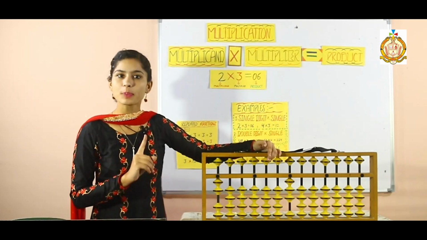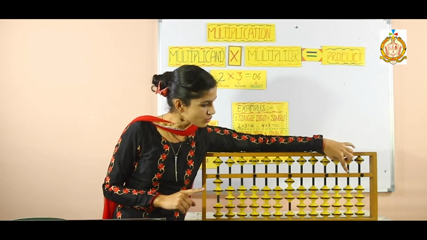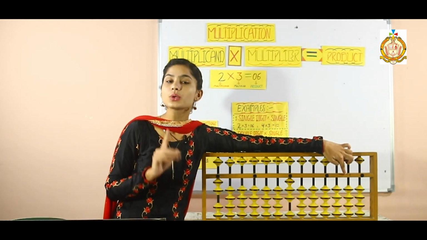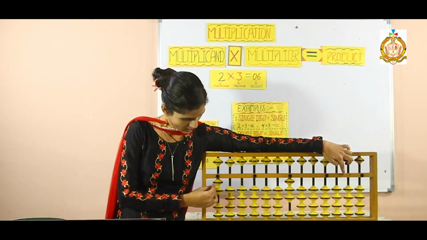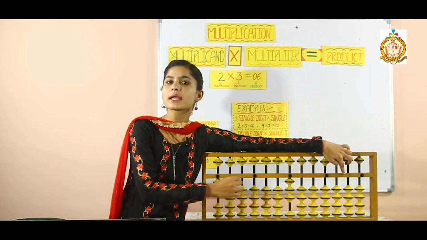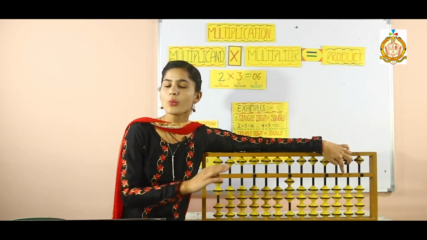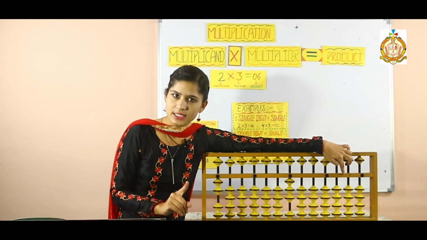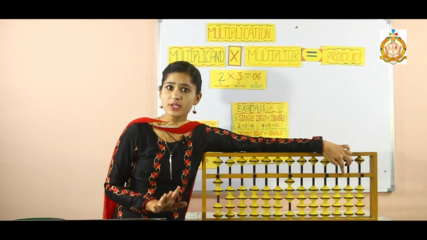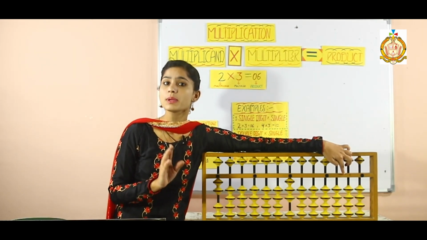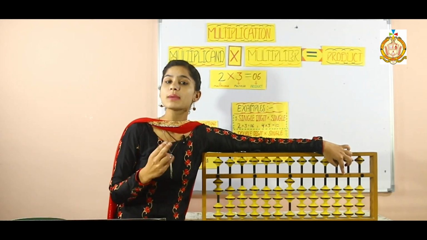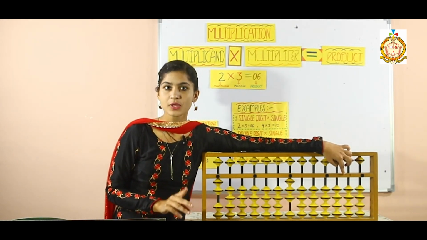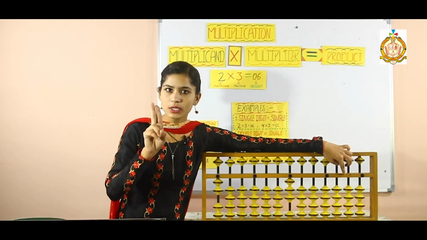Now we have to place our finger on the second rod because our answer will come in 2 digits. Whatever the multiplicand and multiplier are, both single digit, when multiplying the answer should be minimum 2 digits. For getting 2 digits, we keep 0 in front of that. So that's why our answer will be in 2 digits.